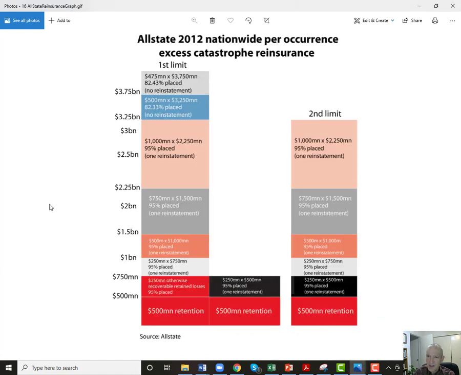Here's one for Allstate. This was their 2012 nationwide per occurrence excess catastrophe reinsurance. So this is a per occurrence. And it just shows you they retained $500 million. And then after $500 million, they've got $250 million. Plus they have some reinstatements over here. And then after that, they have different programs.